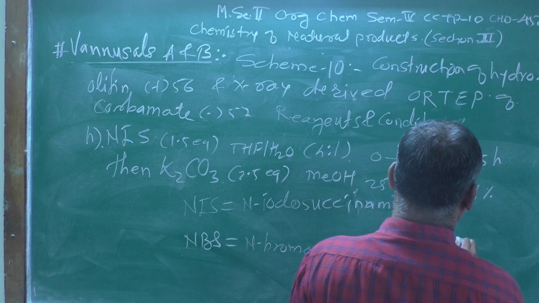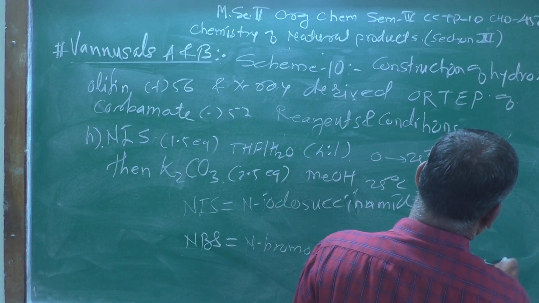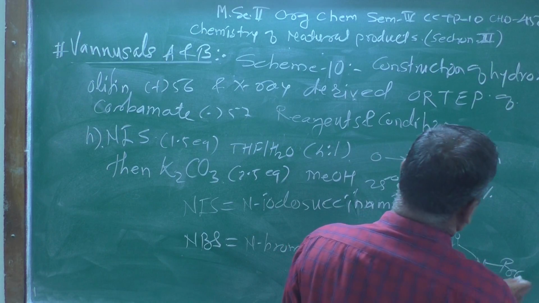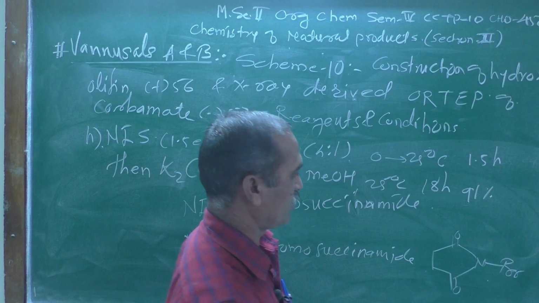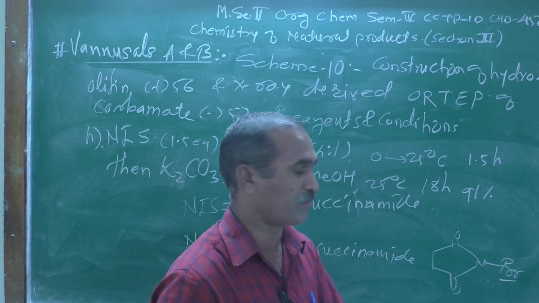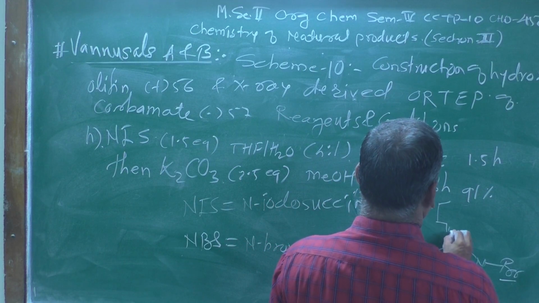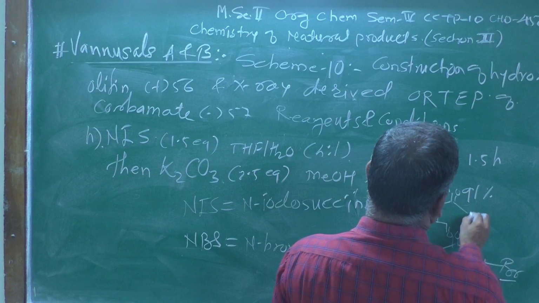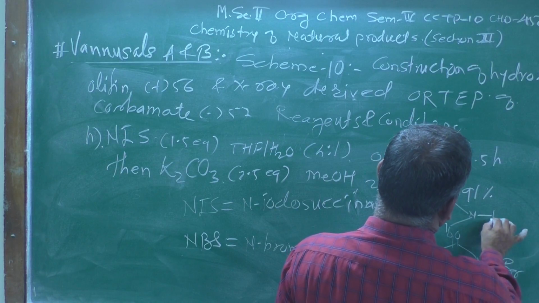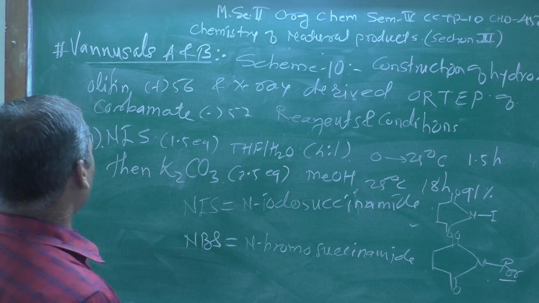This is the structure which I have drawn over here, N-bromosuccinamide. Instead of that bromine, we can replace the bromine by iodine, so you get N-iodine here. That is a structure that you can remember.